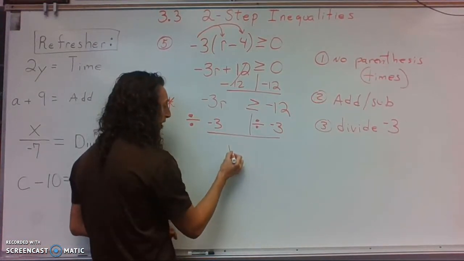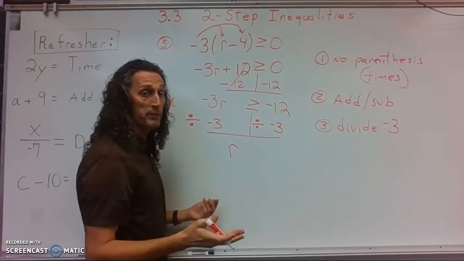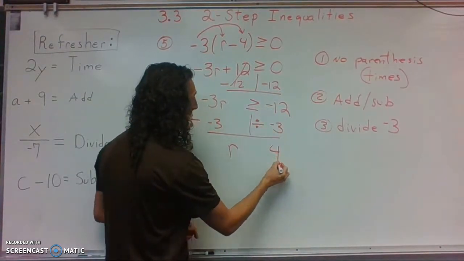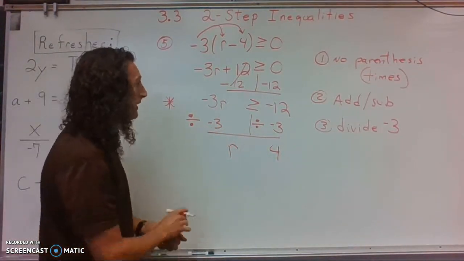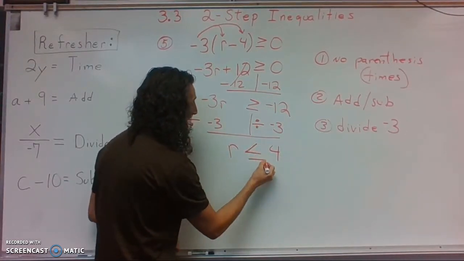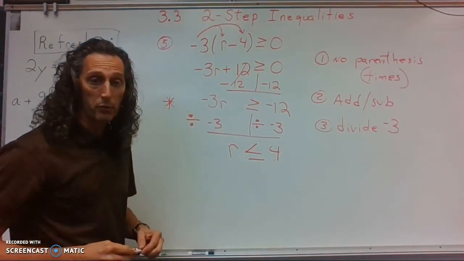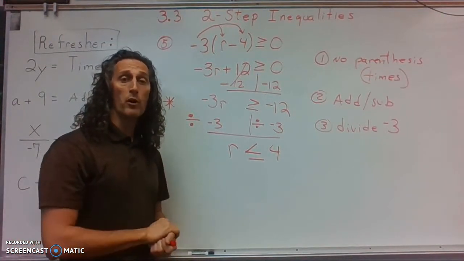So the r falls down. Negative 12 divided by a negative 3 happens to be a positive 4. But because I divided with a negative number, I take my greater than or equal to, flip it around into a less than or equal to. So make sure that you have this copied down. We'll have one more example with parentheses.